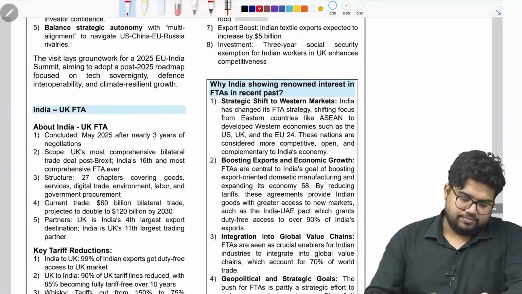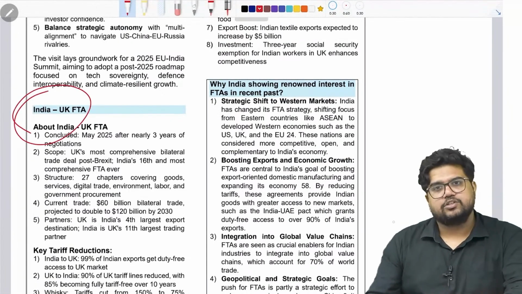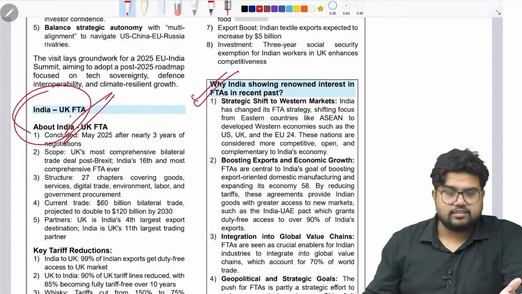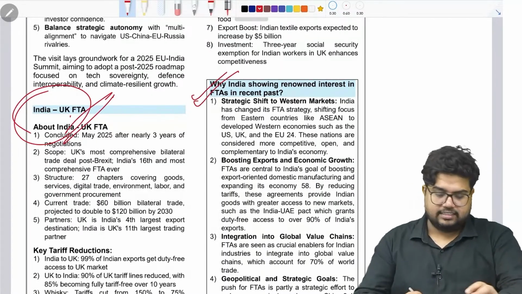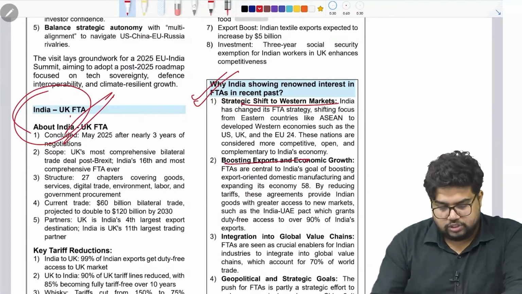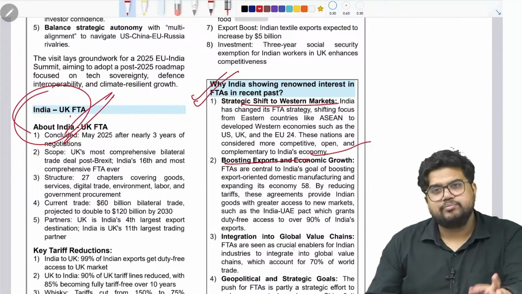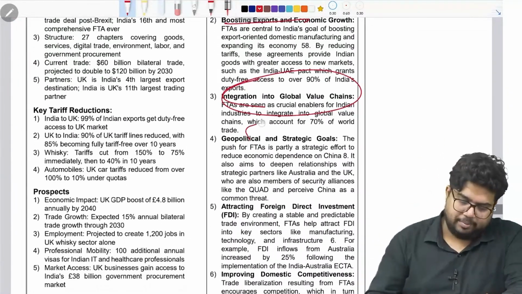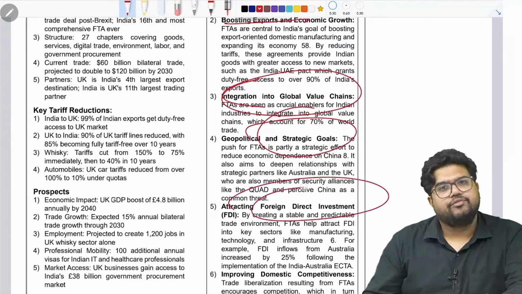Now, India-UK relations, similar to India-EU, we have a recent FTA. Why is India showing a renewed interest in FTAs in the recent past? From a strategic shift to Western markets to boosting exports, economic growth, Indian policies, the global value chain integration process that is happening, strategic goals out of this, FDI attraction.